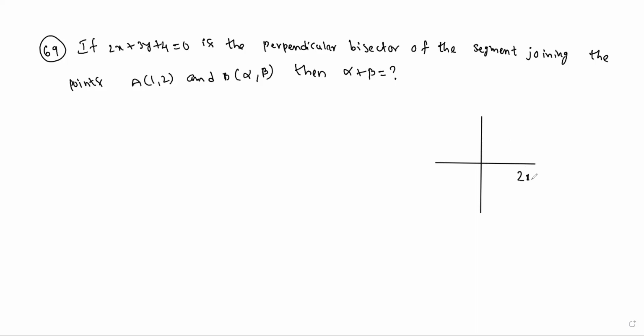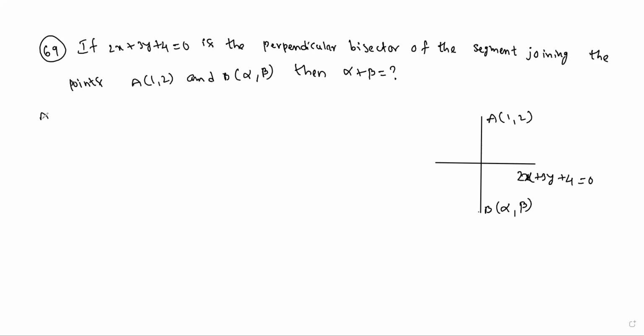The given line 2x plus 3y plus 4 equal to 0 is the perpendicular bisector of which points? A(1, 2) and B(alpha, beta). Now here we need to find the alpha beta values. We can do it the easy way like this, using the perpendicular formula.